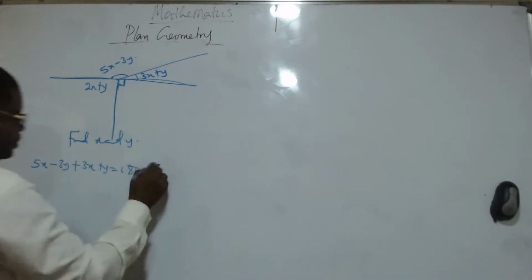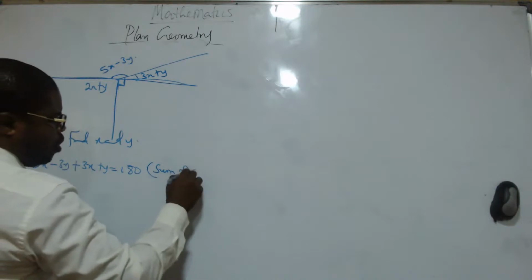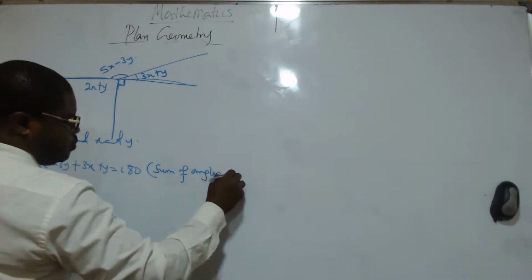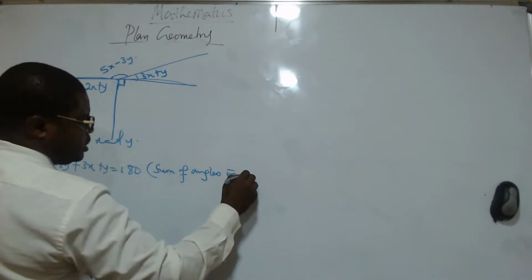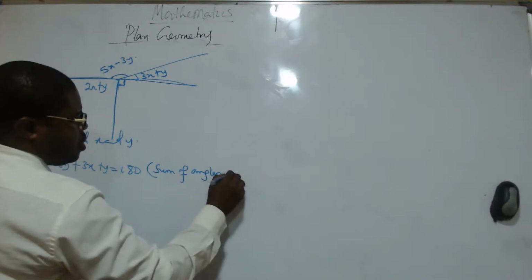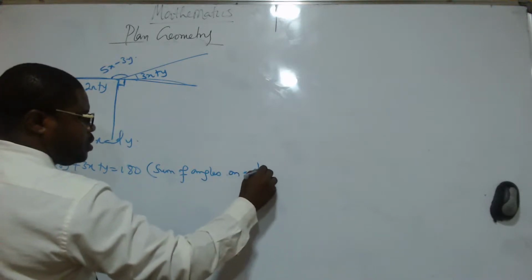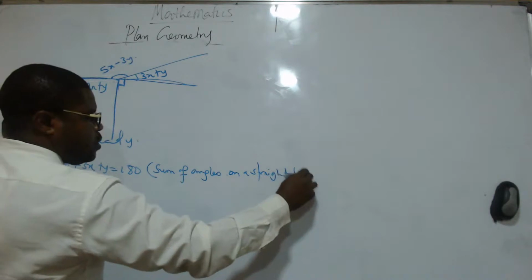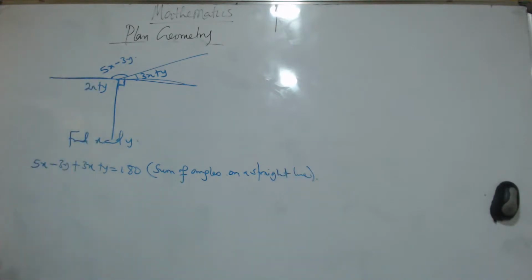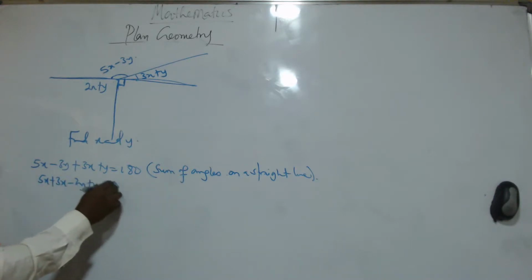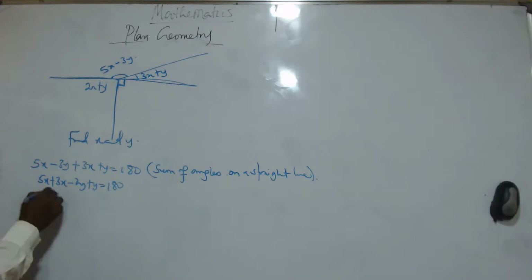Reason: sum of angles on a straight line. So you have 5x plus 3x minus 3y plus y, we have 180.